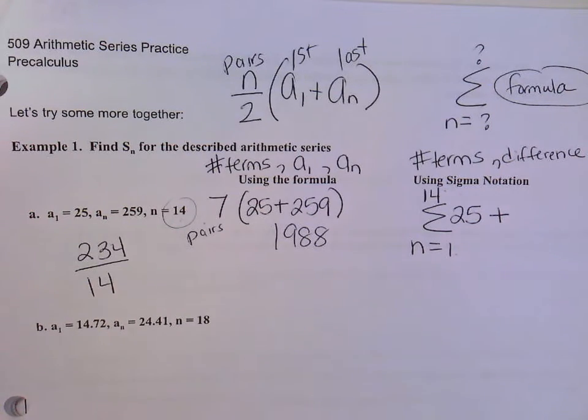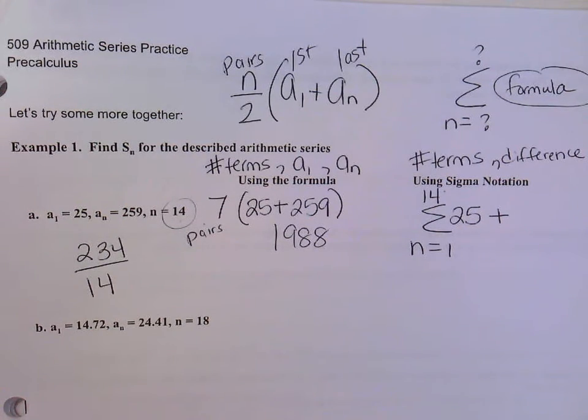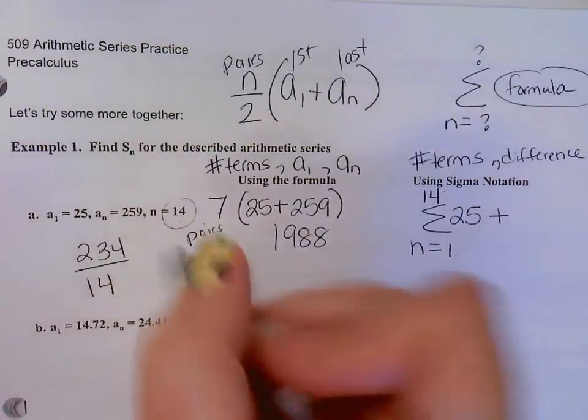Uh-oh, is that right? I don't want to divide by 14, I want to divide by 13, right? Because from the first term, wouldn't you only add the difference 13 times to get to the 14th term?